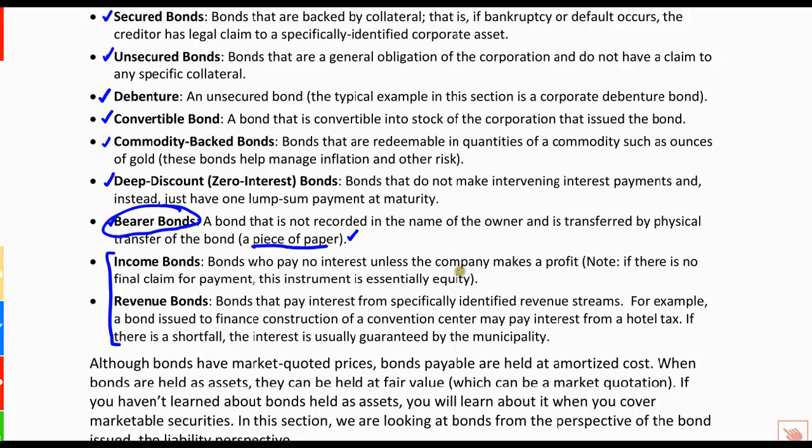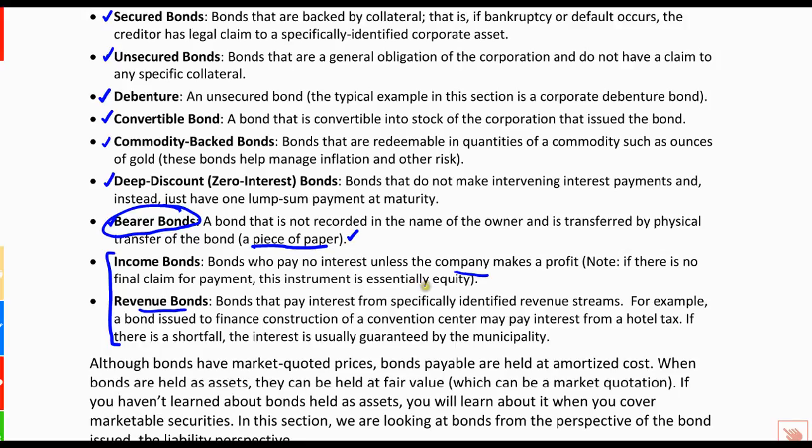The income bond pays unless the company doesn't make a profit, but it also might be for something owned by a government entity, like let's say a sewage treatment plant or a power plant. Also, revenue bonds. A lot of government projects are built with revenue bonds.